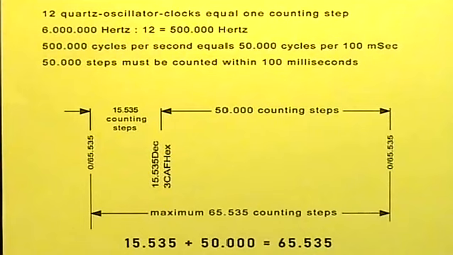The counting frequency of counter timer T0 is therefore lower by a factor of 12 than the quartz clock frequency. A 6 MHz crystal clock frequency divided by 12 gives 500,000 Hz.